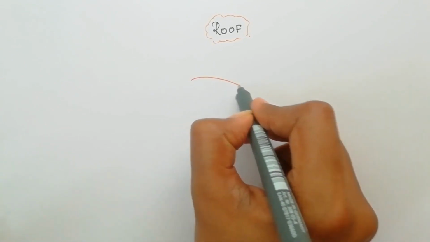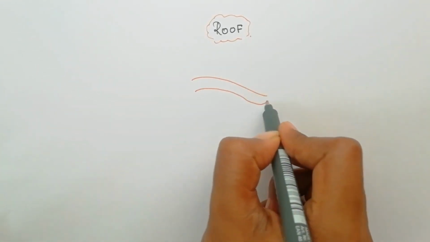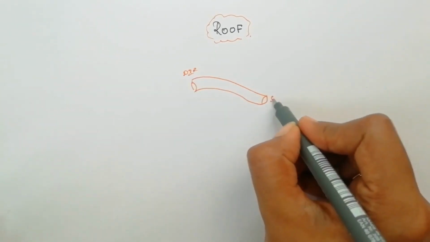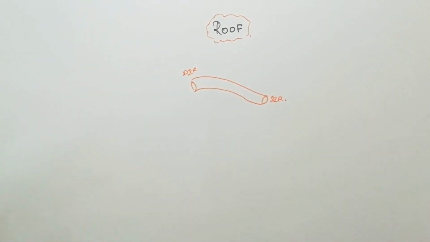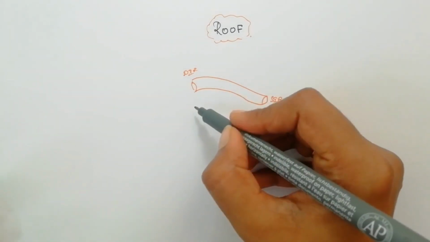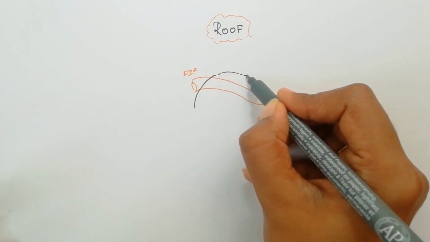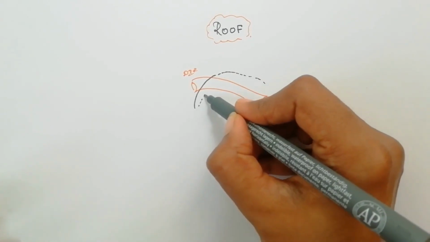So here we have got our inguinal canal placed with the deep inguinal ring and superficial inguinal ring, and here from the anterior aspect our internal oblique abdominis muscle is coming. So our internal oblique muscle is going to form an arch above the inguinal canal.